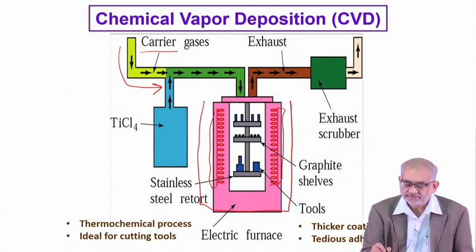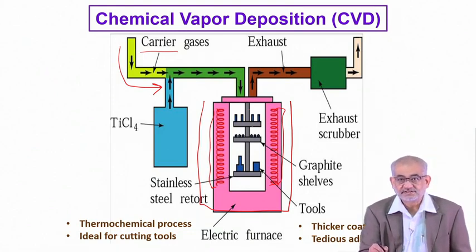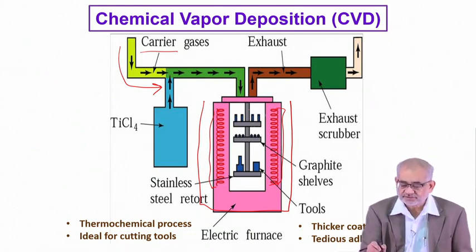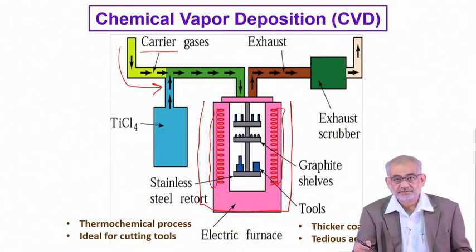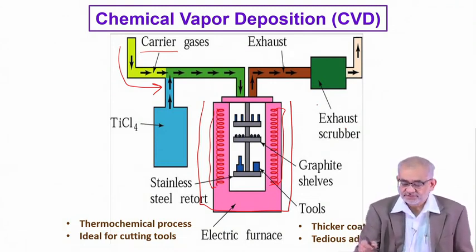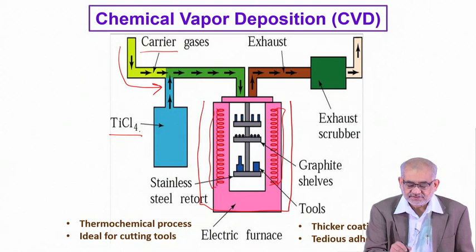After the reaction, we produce certain byproducts. In some cases, these byproducts can be fairly toxic, not always, but whatever it is, these byproduct gases come out and are treated in an exhaust chamber by certain reactions. For example, in this particular case, we are using titanium tetrachloride as a precursor gas, and we use another carrier gas, for example hydrogen.